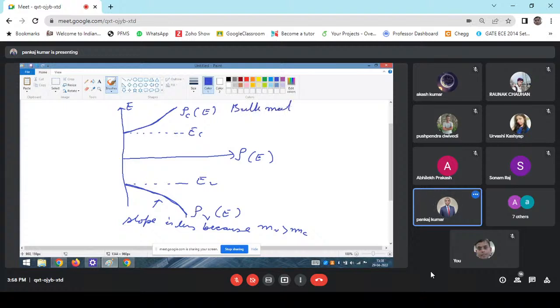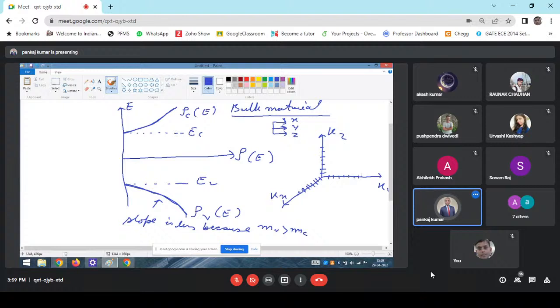Bulk material means materials which have dimensions in all three directions: x direction, y direction, z direction. So in that case, if you plot the k vector, kz, ky, and kx, there are n number of points in all the directions.